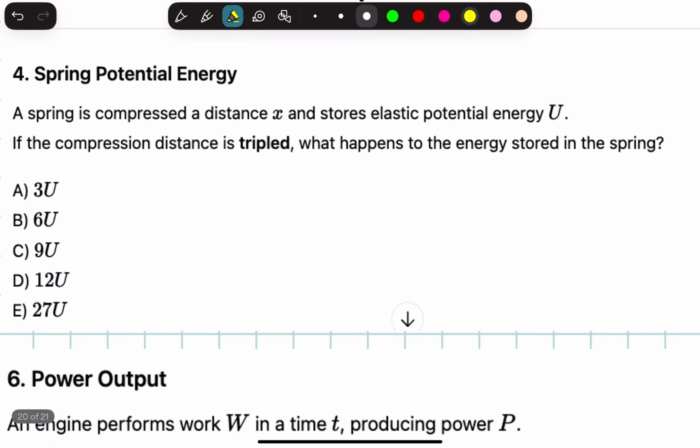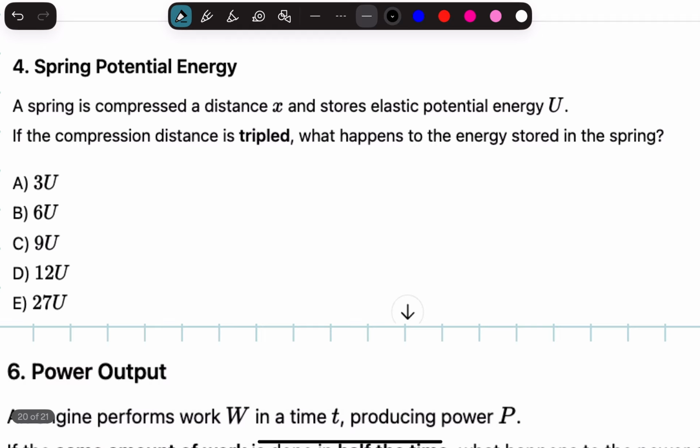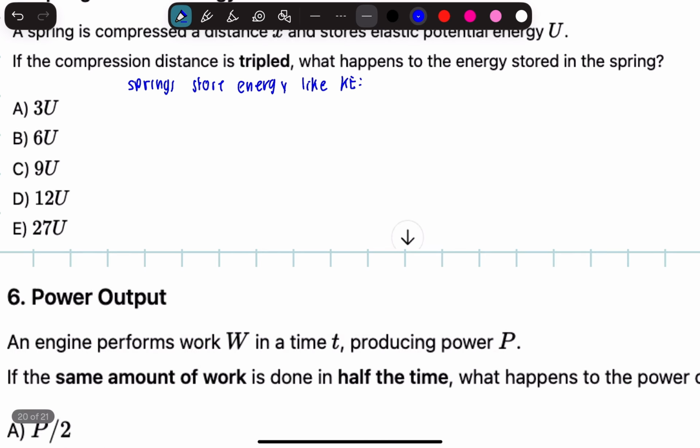Now we have a question about spring potential energy. A spring is compressed a distance x and stores elastic potential energy U. If the compression distance is tripled, what happens to the energy stored in the spring? So a concept that you need to know is that springs store energy like kinetic energy, and distance is squared, so small increases will give a big change.